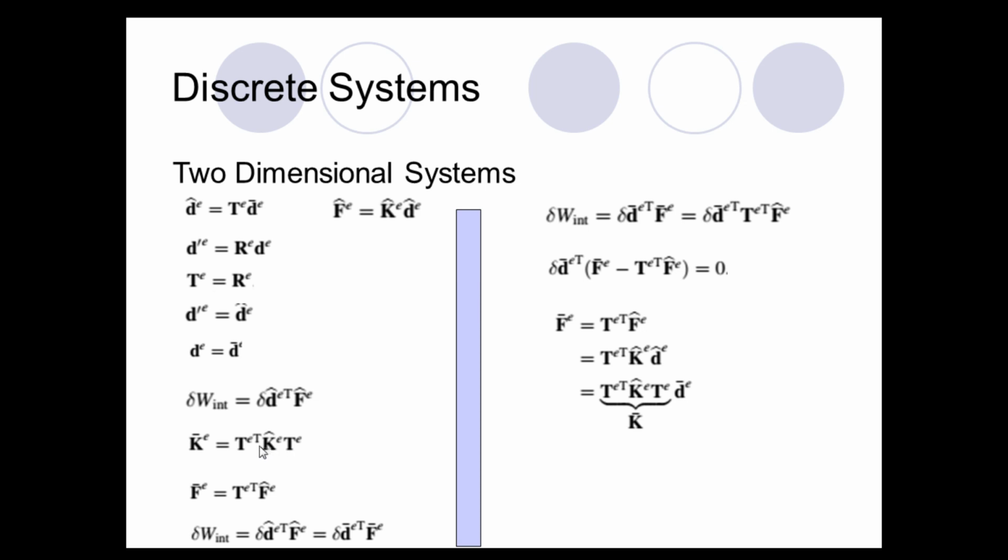So this forms my stiffness matrix in the global system. Okay, so this is how it works.